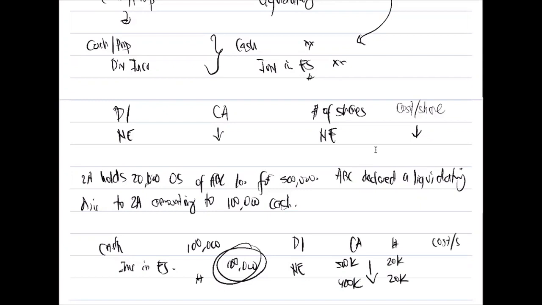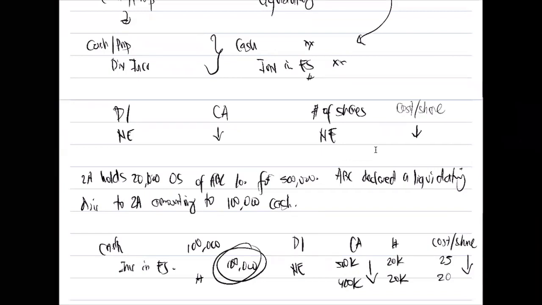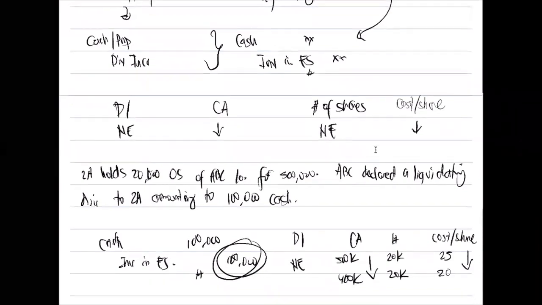As to the cost per share, 500,000 divided by 20,000 will give you 25. 400,000 divided by 20,000 will give you 20. So there is a decrease in your cost per share, resulting from the decrease in your carrying amount because of the liquidating dividend.